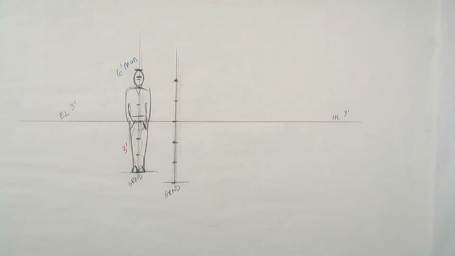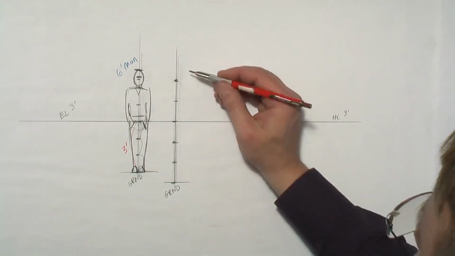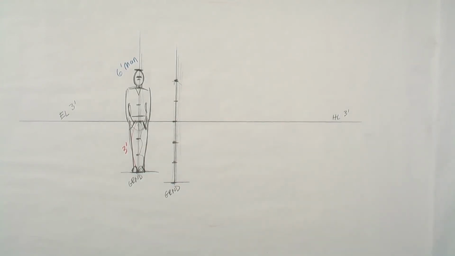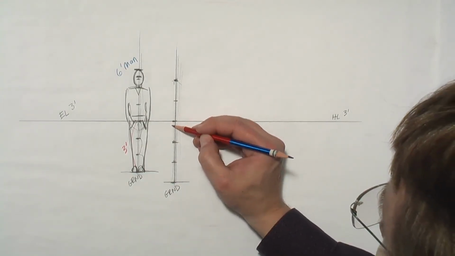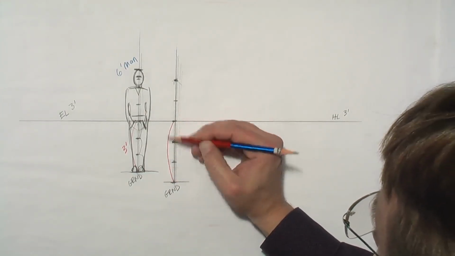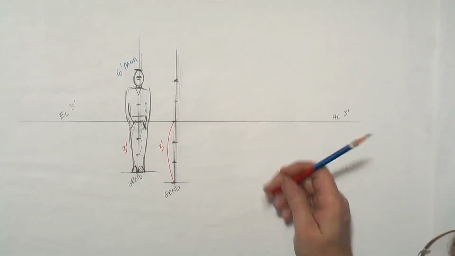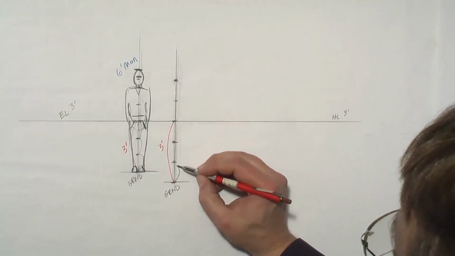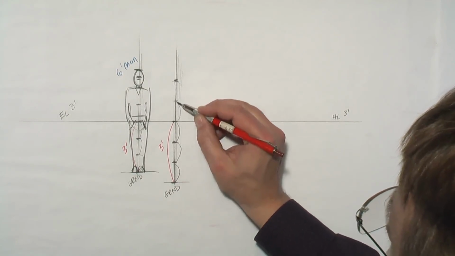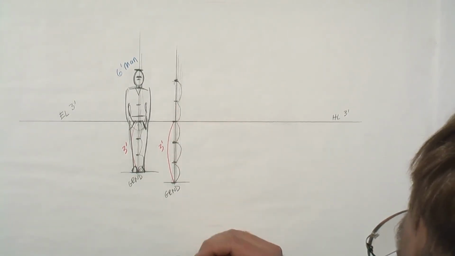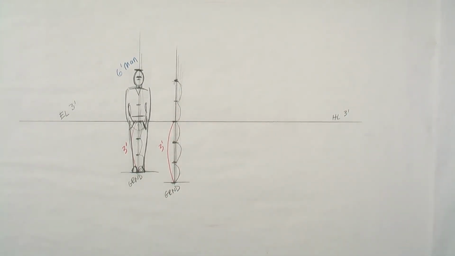Since we're at a lower eye level at midlife, as she comes forward and she's shorter at the same time, she's going to end up not being as big as the man. So 5 foot tall. Let me go make my red pencil mark to make that clear. That's the important part, is the 3 feet, the horizon, and then we have 1, 2, 3, 4, 5, just like we had 6 here. Okay, so I'll go ahead and draw her in real quick.